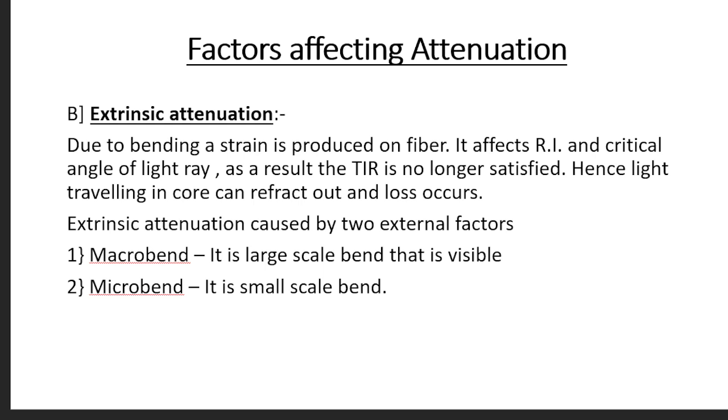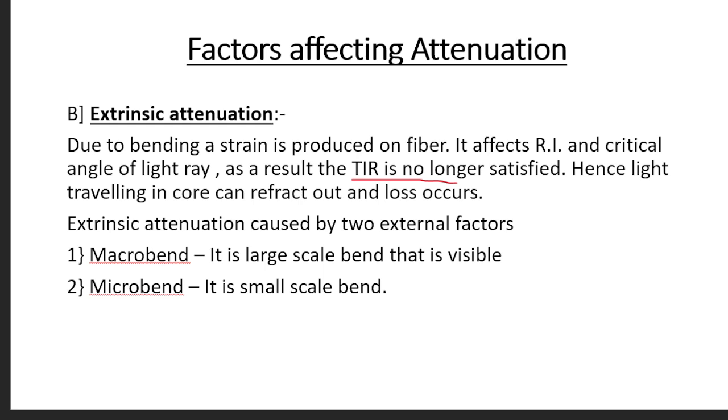Due to the change in refractive index, the critical angle also changes, and as a result total internal reflection, that is TIR, is no longer satisfied. That means as we bend the fiber, strain is produced, it changes the refractive index and the critical angle, and total internal reflection is not satisfied. Hence the light traveling in the core can refract and losses will occur.